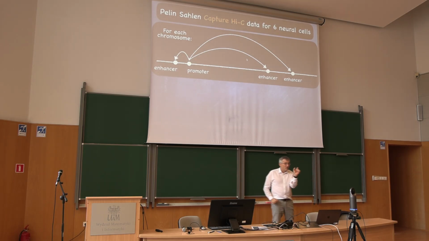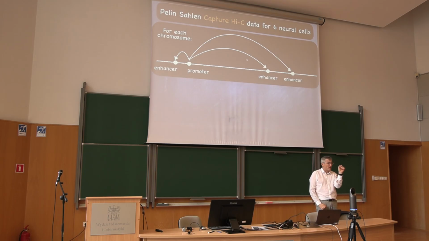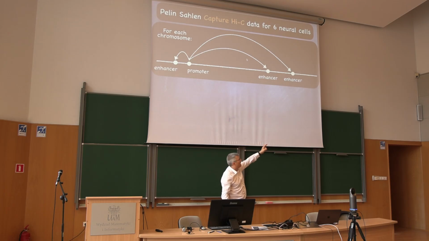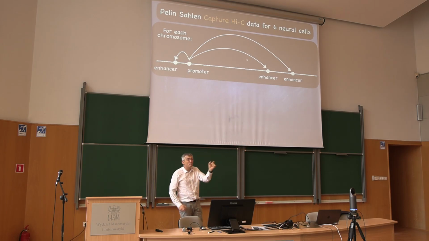Now each gene comes with a promoter. It's a little piece of DNA strand before each gene, and this promoter acts to tell the system whether that gene should be expressed or not. Now each promoter interacts with other parts of the genome called enhancers. The enhancers are non-coding, so they do not code any protein.